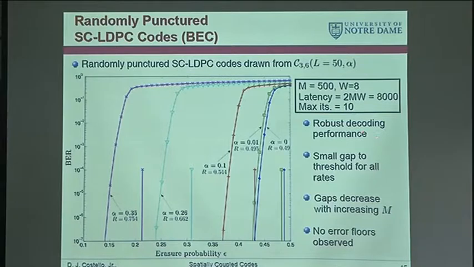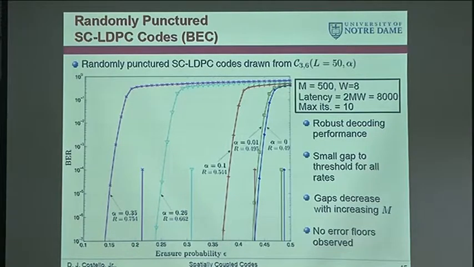So we could say robust decoding performance, in the sense that we get performance close to threshold for a variety of rates, from a half up to 3/4 in this case. We have a small gap to threshold in each case. Now you may say that's still a fair gap. But of course, we're fixing the latency at 8,000. If we want to make this gap really small, we'd use 80,000 or something like that.